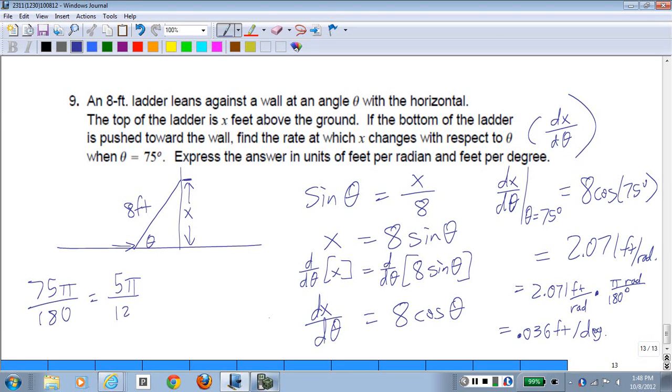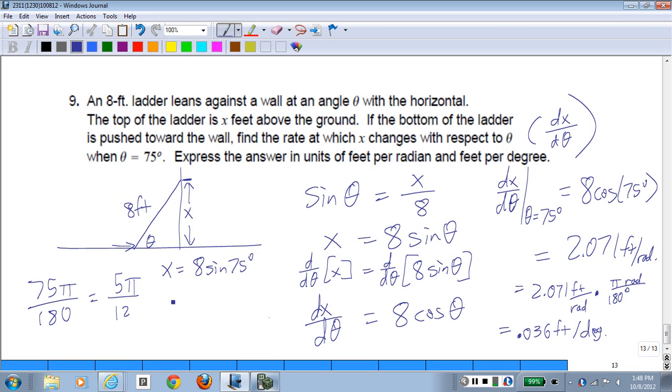And I think what's interesting to do in a case like this would be to recalculate. Find the value of x when theta is 75 degrees. So x equals 8 times the sine of 75 degrees. Figure out what that is. It'll be in feet.